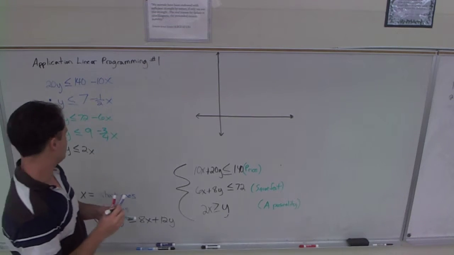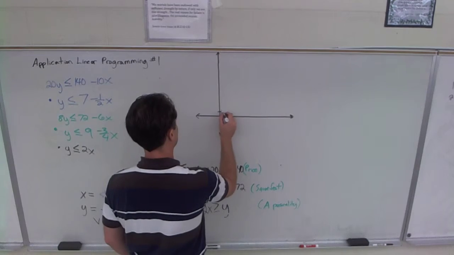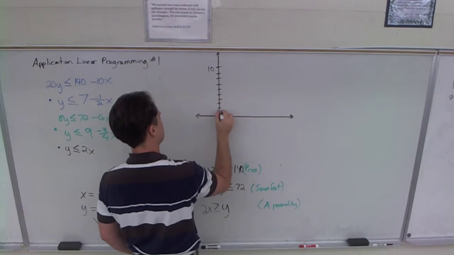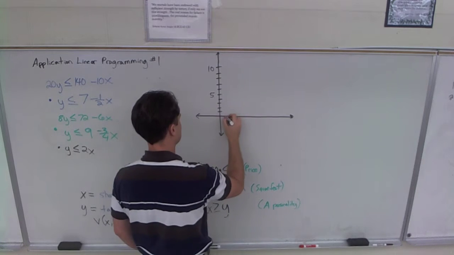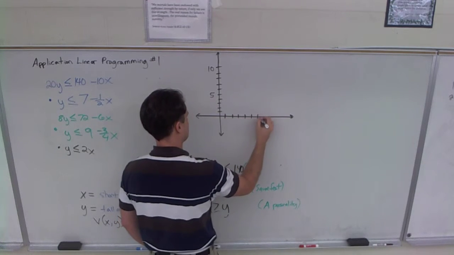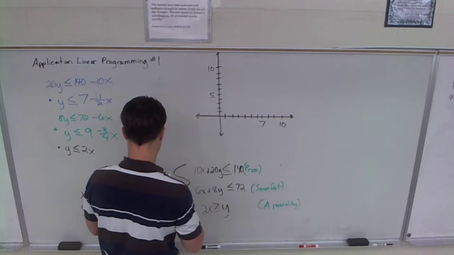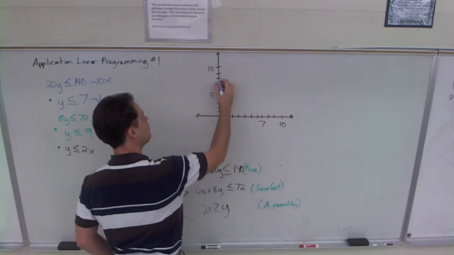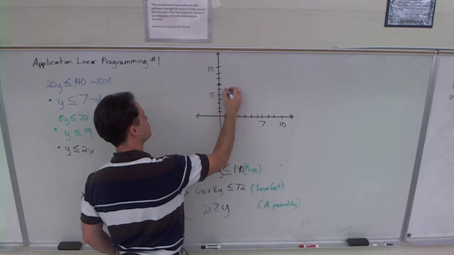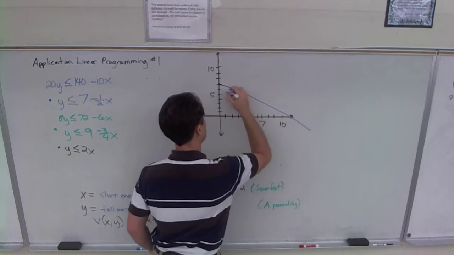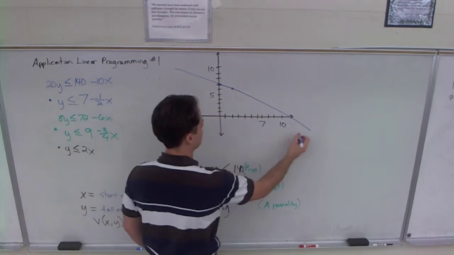Okay, graphing time. So we'll sketch these graphs a little bit. 1, 2, 3. 10, 5. I didn't do a very good job, so there we go. So blue guy is here. Down 1/2, something like that. Label your edge.